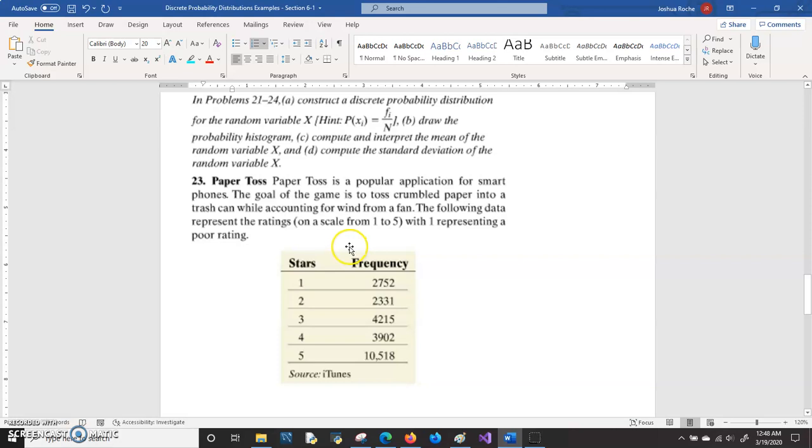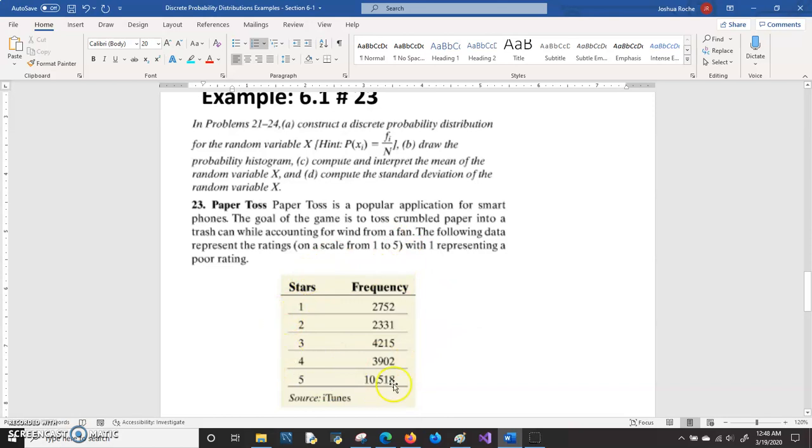And for this particular game, these were the frequencies of those ratings. So there were 2,752 1-star ratings, but the most were 5-star ratings, 10,518 5-star ratings.